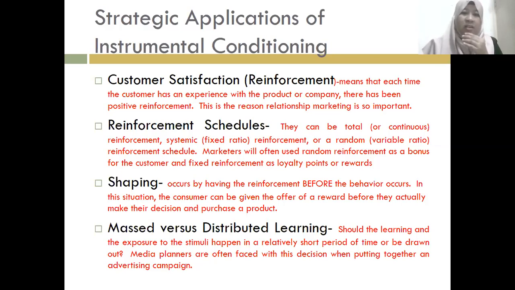So we go with the reinforcement schedule. It can be total or continuous reinforcement, systematic fixed ratio reinforcement, and then random variable ratio reinforcement schedule.